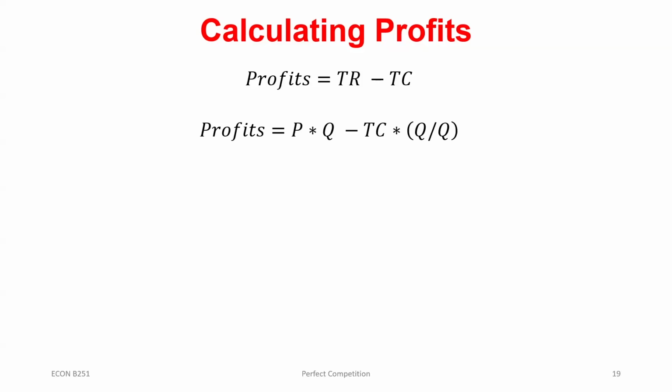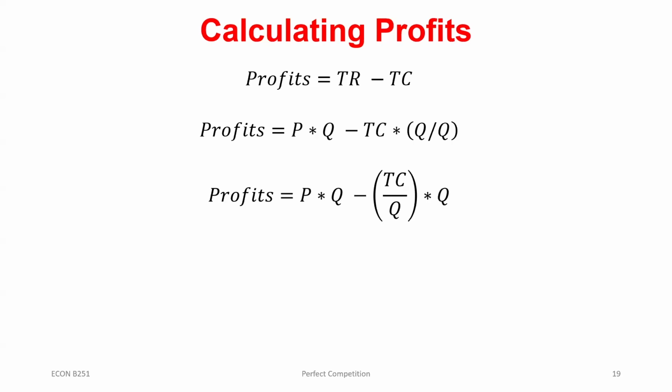Total revenues we said was price times quantity. Now I'm going to do a tricky thing here. If I multiply my total cost by Q over Q, I multiplied it by 1. I didn't change anything. But I'm going to do this because if I now rearrange this a little bit, total cost over quantity is what? Not marginal cost. It's not a change in my total cost here.